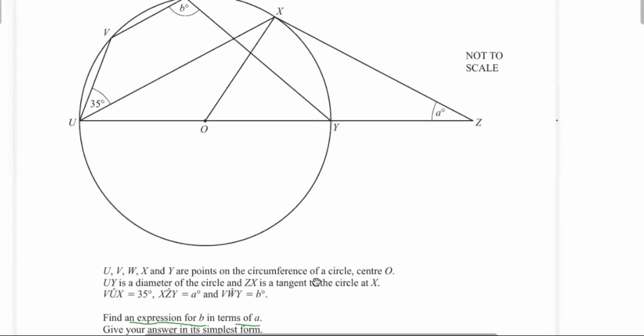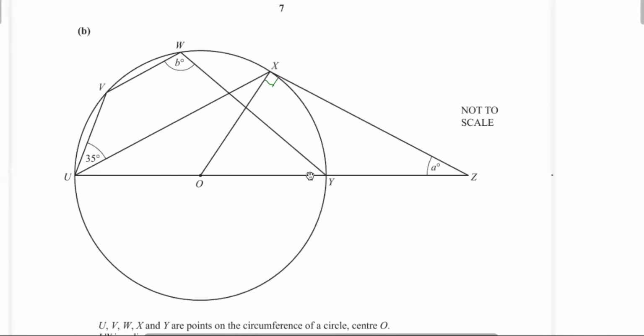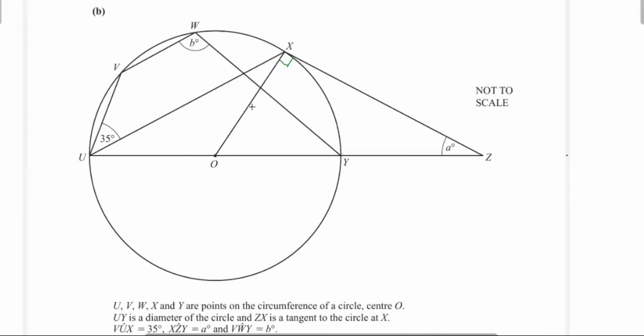Now you can see here XZ is the tangent and OX is the radius. Therefore, this angle will be 90 degrees because OX and XZ are perpendicular to each other. Next, you see here the OX and OU. We've marked the radius of the circle. These are the radii. Therefore, these two sides will be equal.